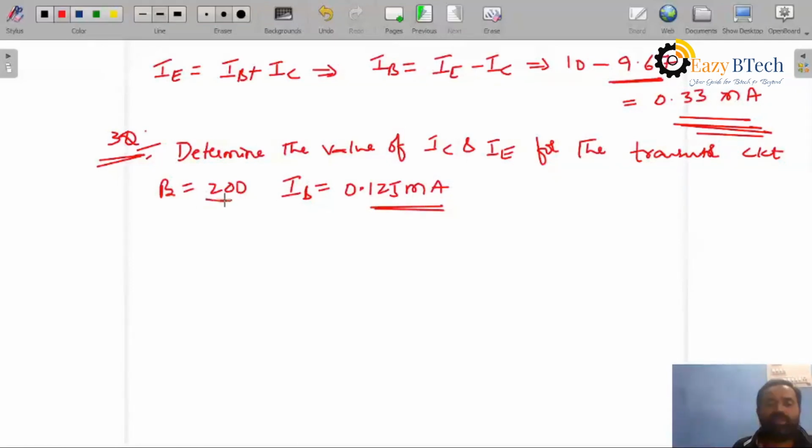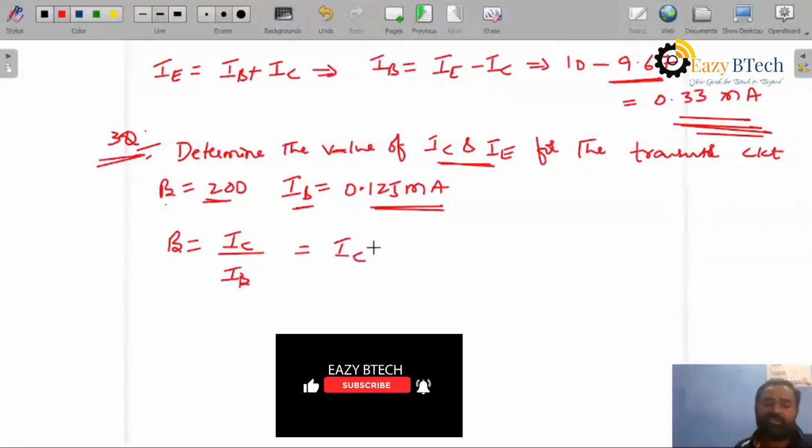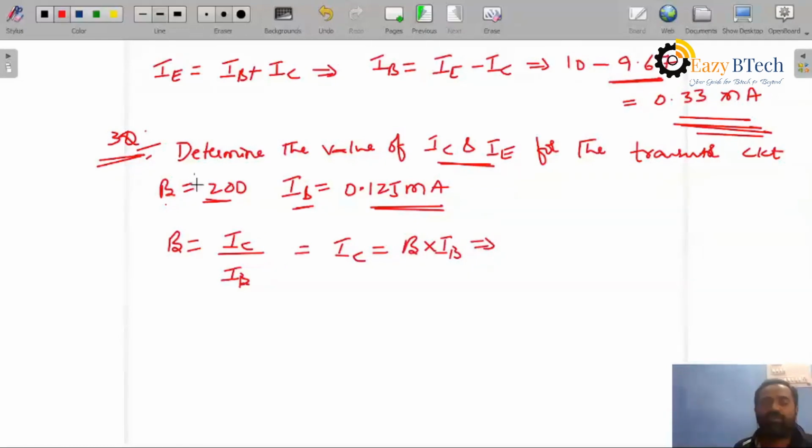Now he has given the beta value and the IB value. Beta is equal to IC by IB. From this formula, you will get IC. IC is equal to beta into IB. Beta value is 200, so 200 into IB. IB value is 0.125 into 10 power minus 3.